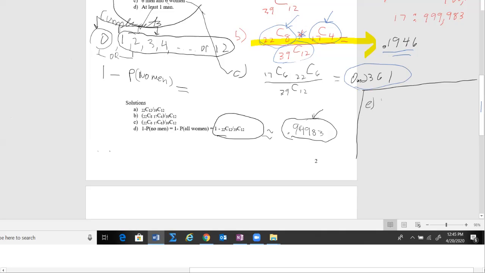Finally, our last question, probability of at least 1 man. Well, you remember that's the same as 1 minus the probability of no man. That's the complement again. At least 1 man is the complement of no man at all. Of all the selections that can be made, if you collect all 1 or 2 or 3, all of that is considered one grouping, then the only other group is no man at all.